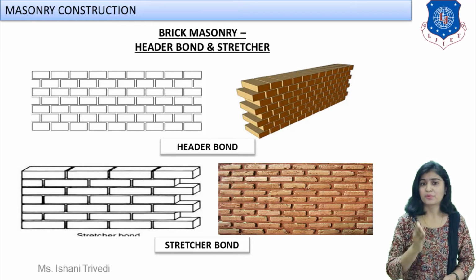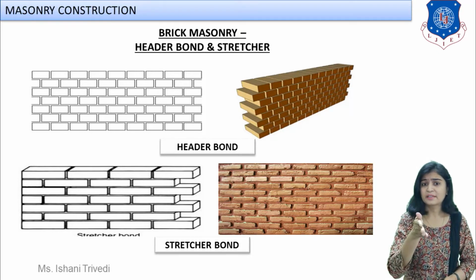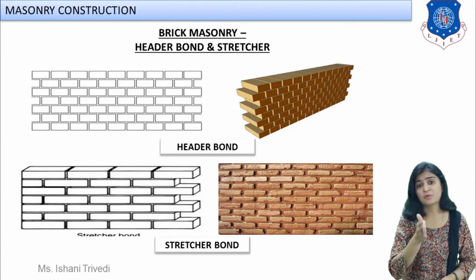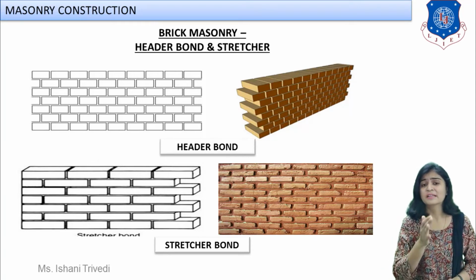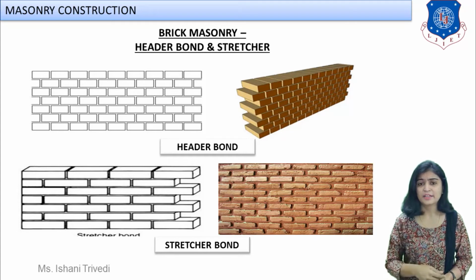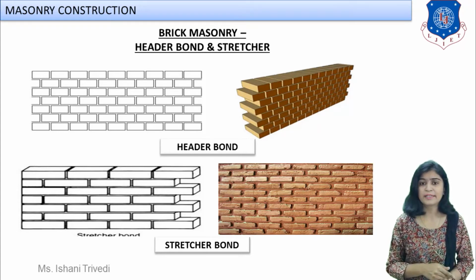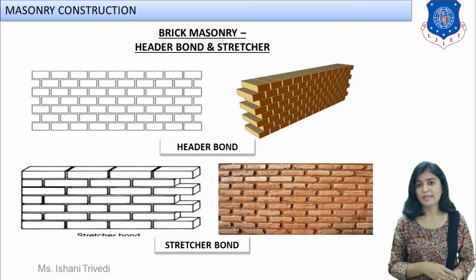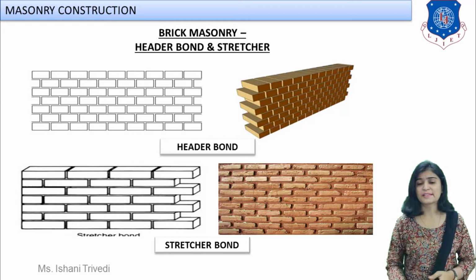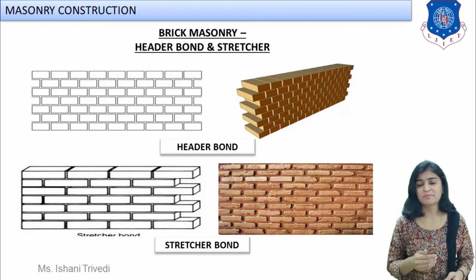And if you are providing the brick such that its length is perpendicular to the facing, it means you are watching only the header faces, then this is known as header course. It is very poor in terms of strength and stability. It can be used for non-load bearing types of walls. It will be safer to provide in such cases. Otherwise, this is not having much strength.